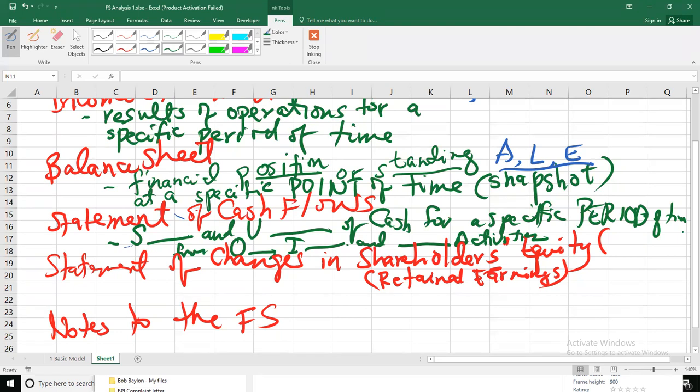Ano kaya yung unang blank na yan? Anyone?